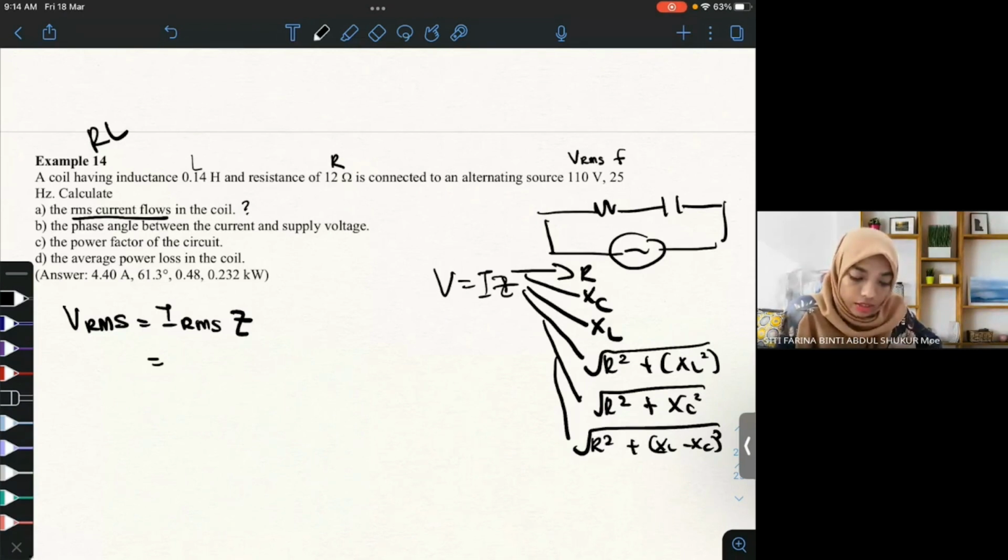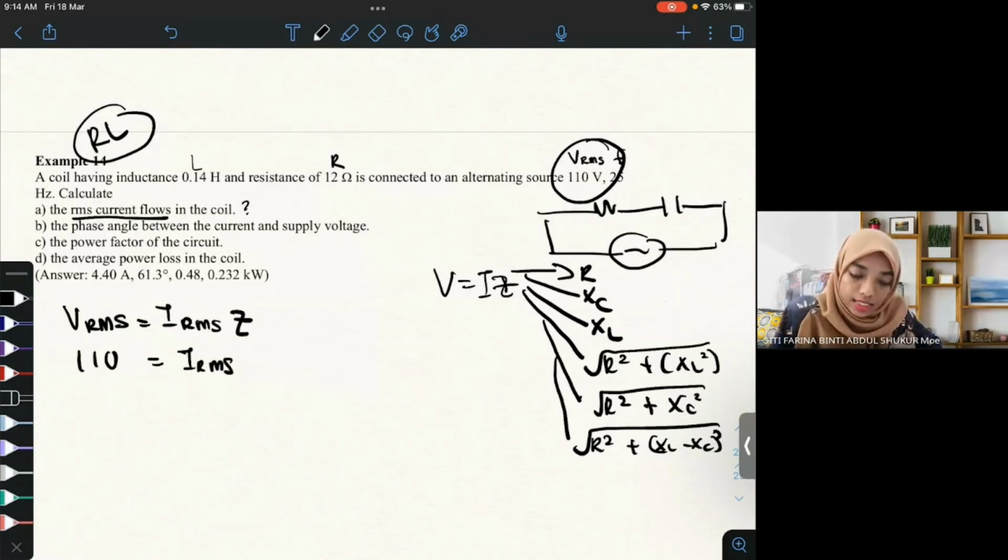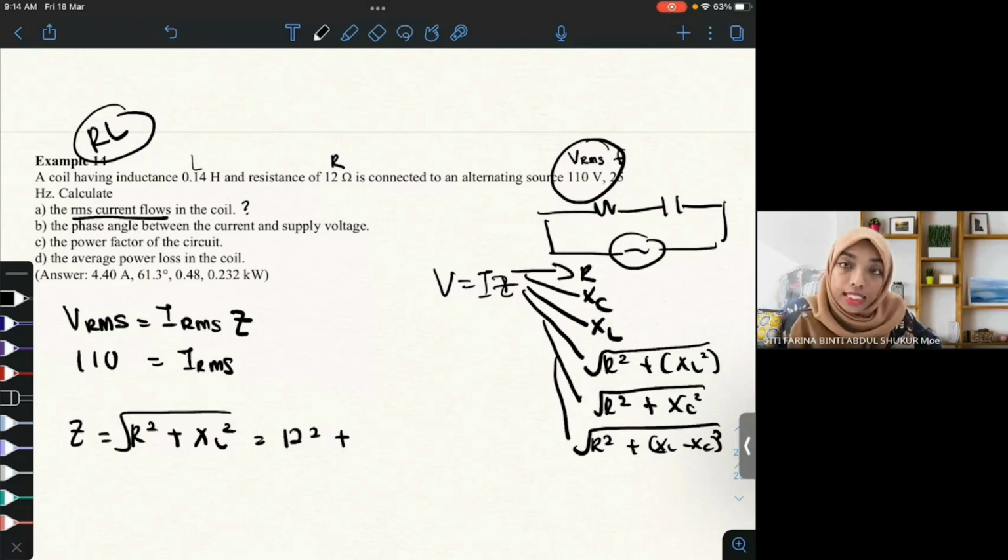And then VRMS is given in the question as 110, and then IRMS is what we want to find. So Z has to be found first. Since it is an RL circuit, Z will be equal to root of R square plus XL square. R is 12 ohm, XL is not given, we have to find it too. How to find XL is 2 pi F L. This is your XL.